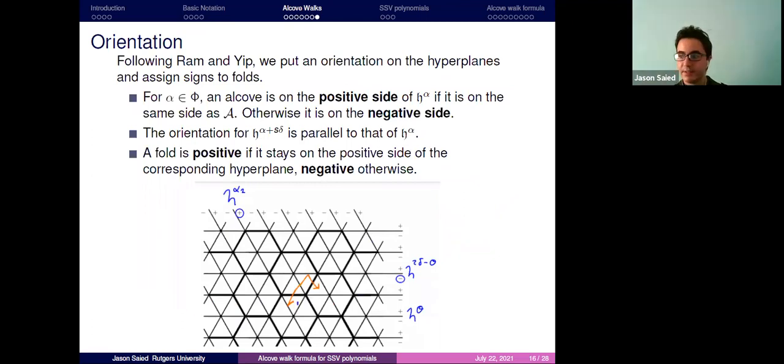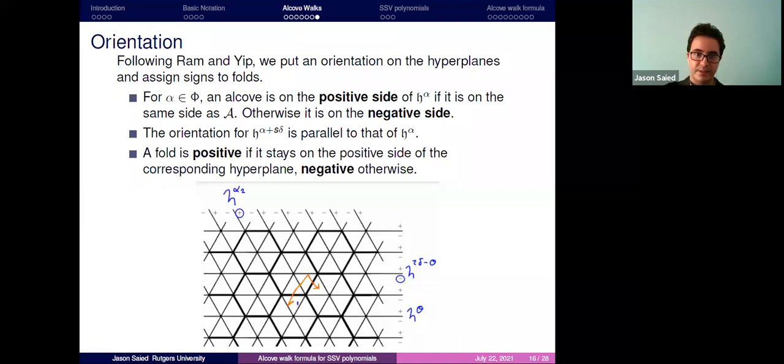So one last piece of alcove walk terminology that I'll need is the orientation. So just as in Ram and Yip, we're going to try to assign a plus and negative side to each hyperplane. And what we can do concretely is we can say for each finite hyperplane corresponding to some finite alpha, the positive side is the side with the fundamental alcove on it.